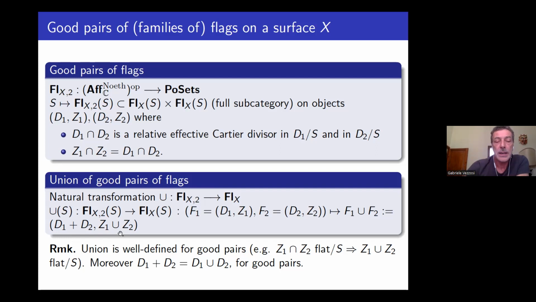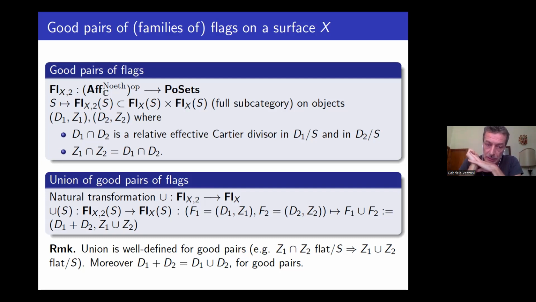So one remark here is that this union is well defined, because once you have this second condition of good pairs of flags, Z1 intersected with Z2 is D1 intersected with D2, and you know that D1 intersected with D2 is a relative effective Cartier divisor, this intersection is flat over S. So in particular, Z1 intersected with Z2 is flat over S. And then if you have two subschemes which are flat over S, and you know that the intersection is flat over S, then the union is flat over S, because in general this is not true.